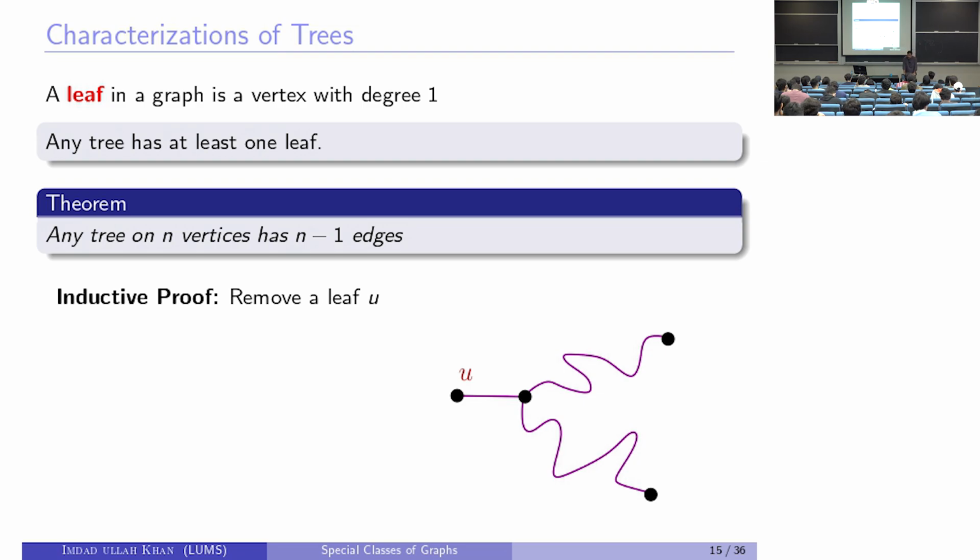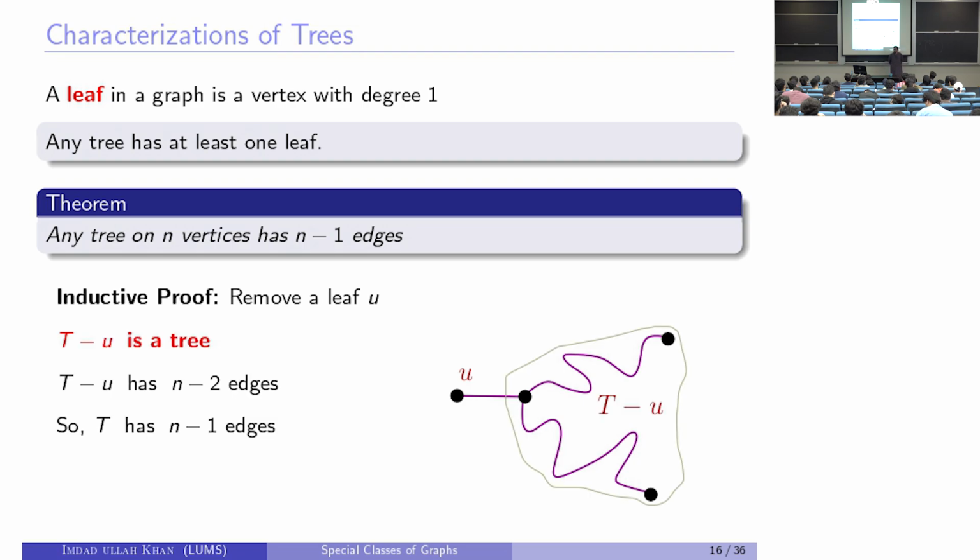How many vertices are there in t minus u? I have a graph on n vertices. I remove one vertex. How many vertices are there? n minus 1, right? Okay. So t minus u is a tree. Why is t minus u a tree?